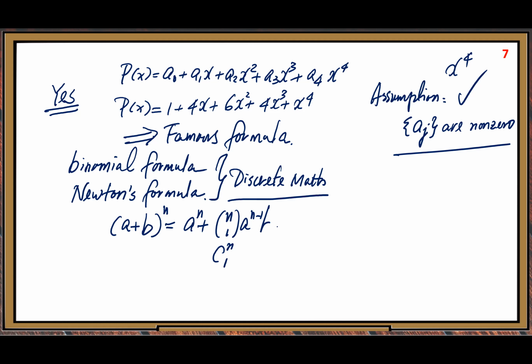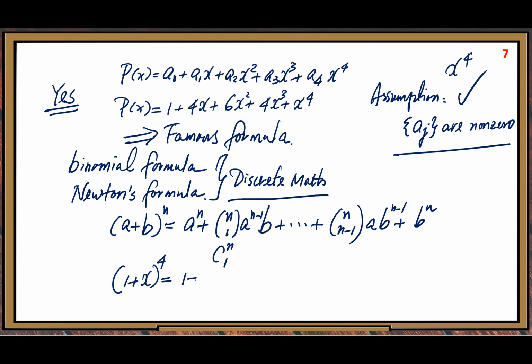Dot, dot, dot, n choose n minus 1, A, B to the n minus 1 plus B to the n. This is the so-called binomial formula or Newton's formula. And here we use A equals 1, B equals x, n equals 4.